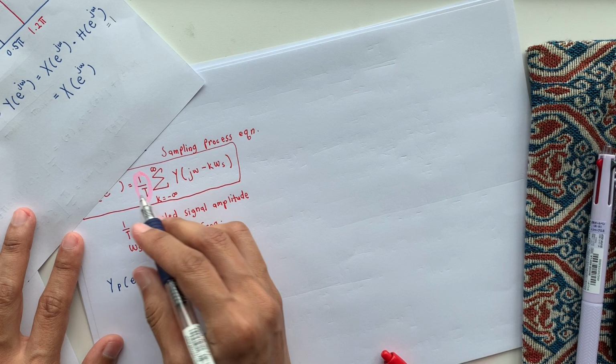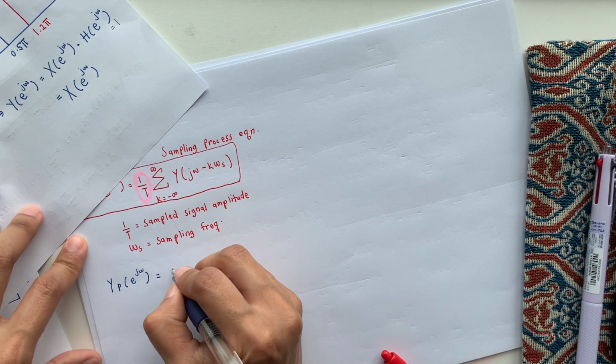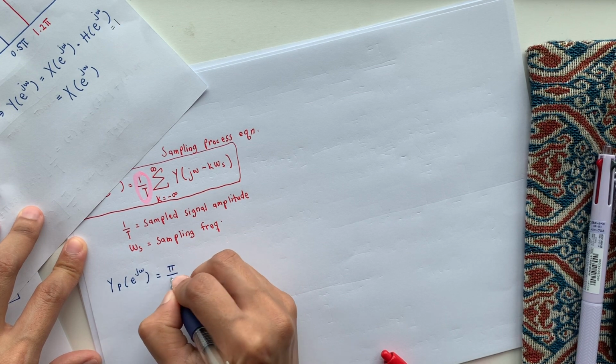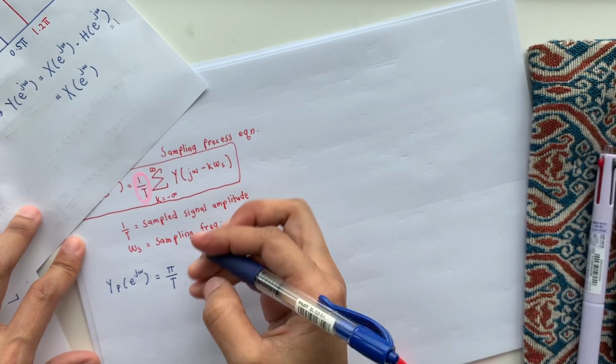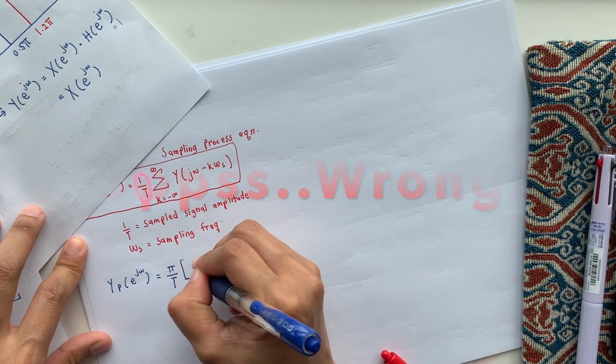You have 1/T as the amplitude, so you will have pi/T, and because it's coming from cos, we have delta.